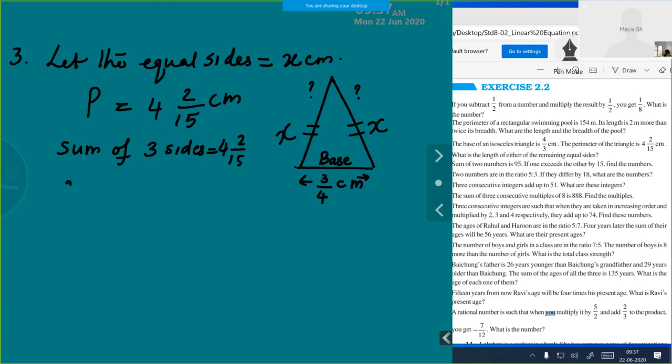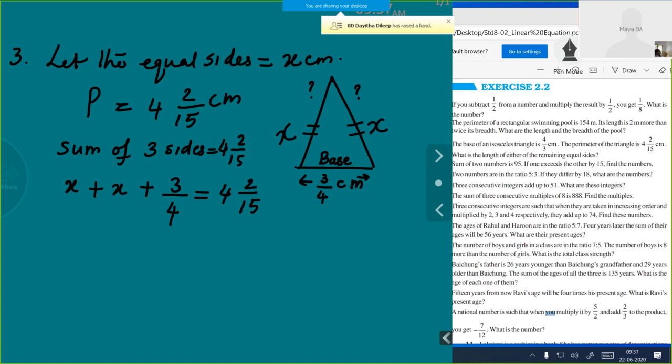I am going to add the 3 sides: x plus x plus 4/3 is equal to 4 and 2/15. I took equal sides of the isosceles triangle as x, and the base is 4/3.